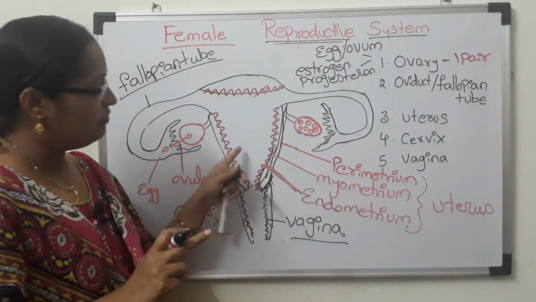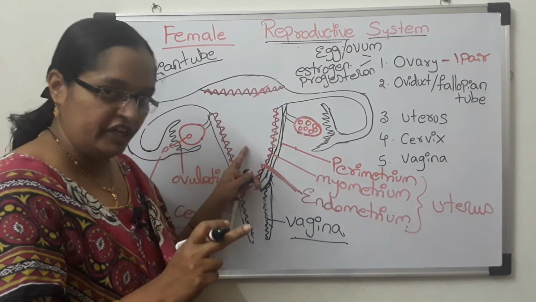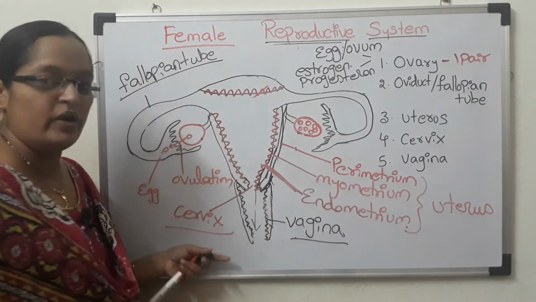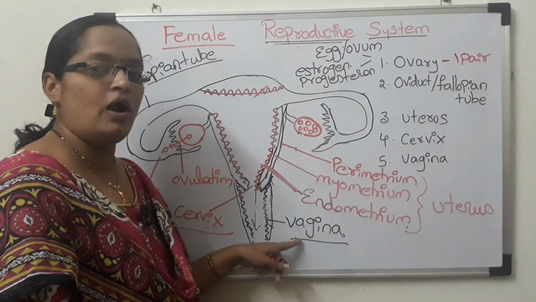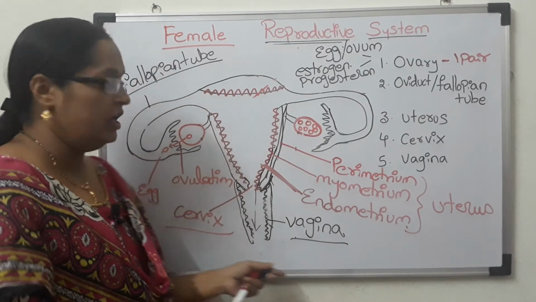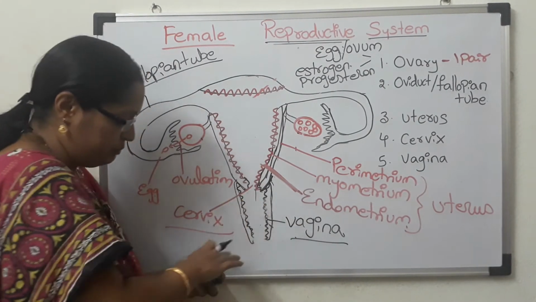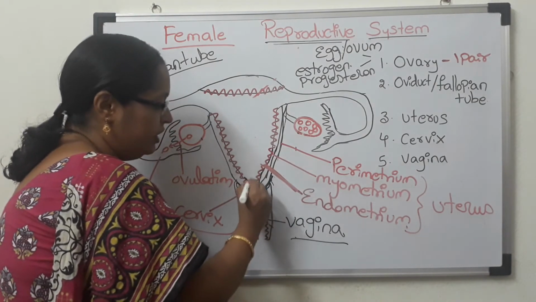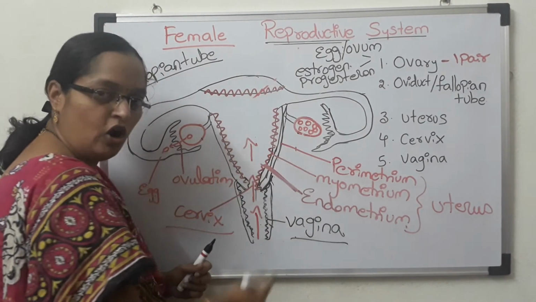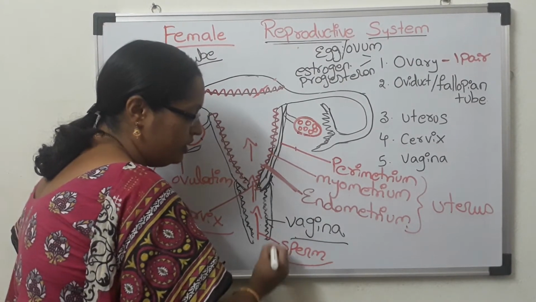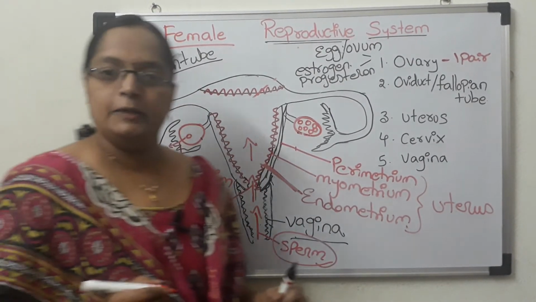After the development of the embryo into a fetus, the fetus comes out through this vagina. The vagina is also used for the transfer of sperm cells into the female body after copulation.